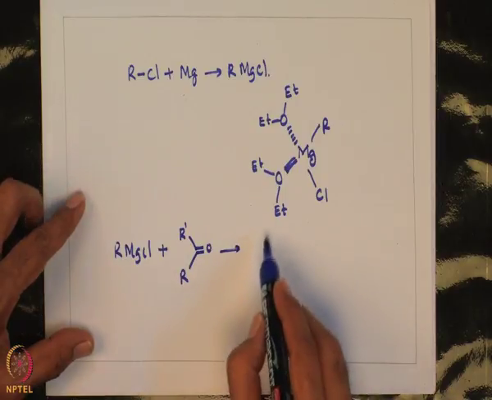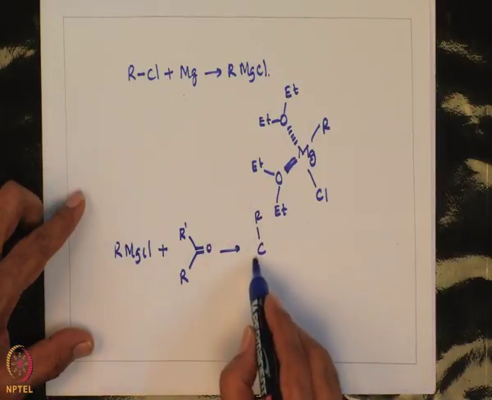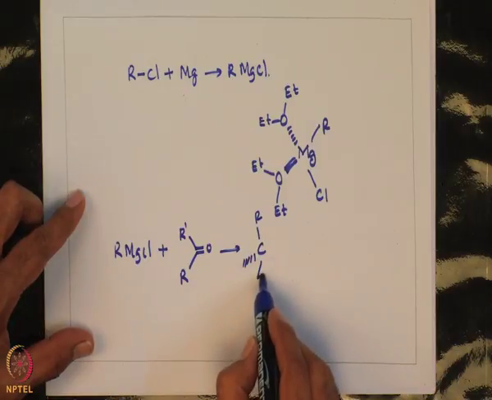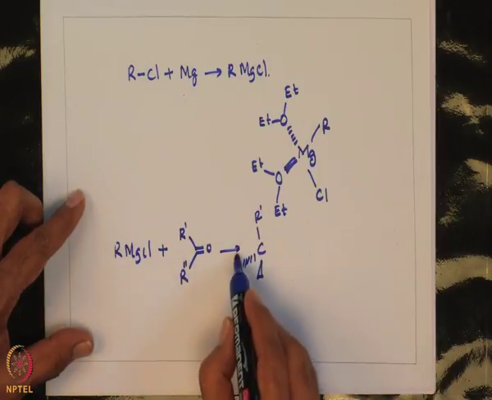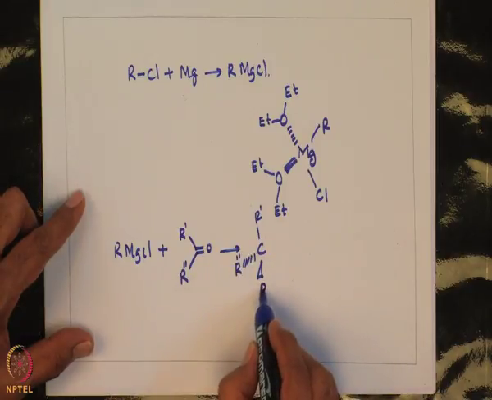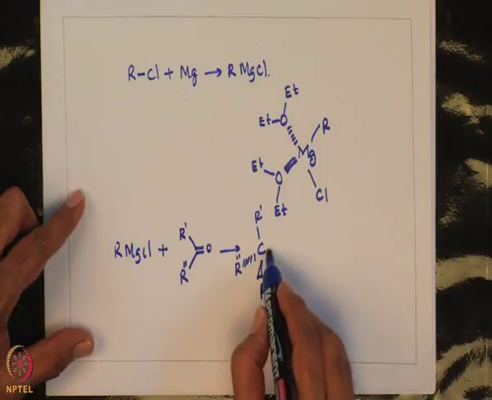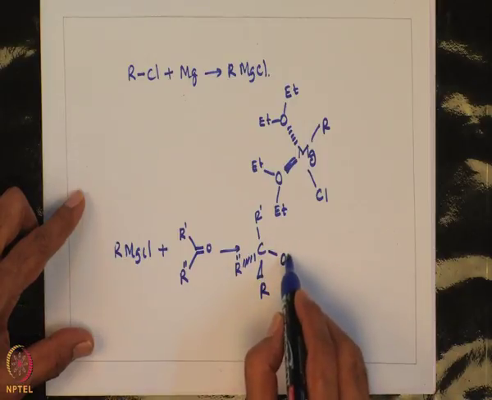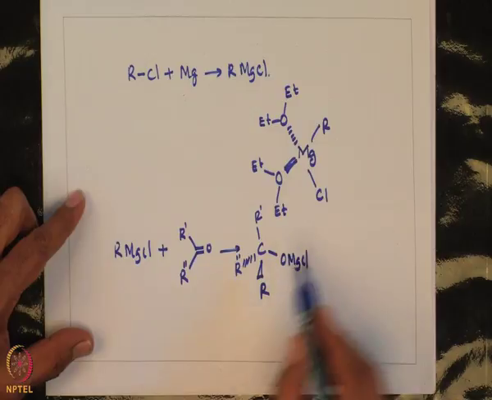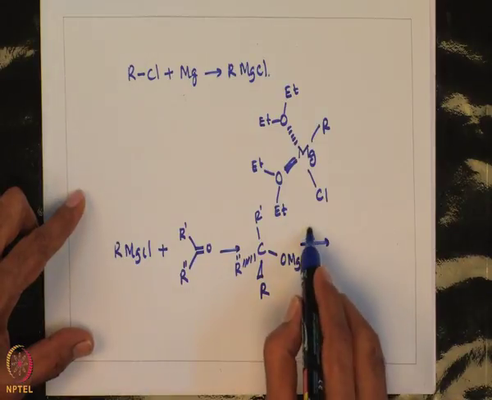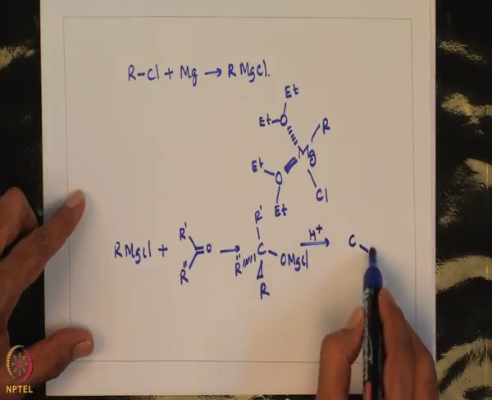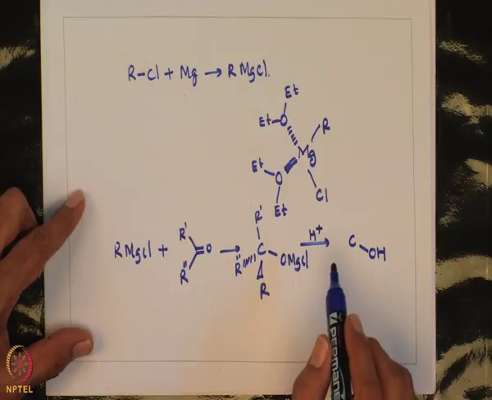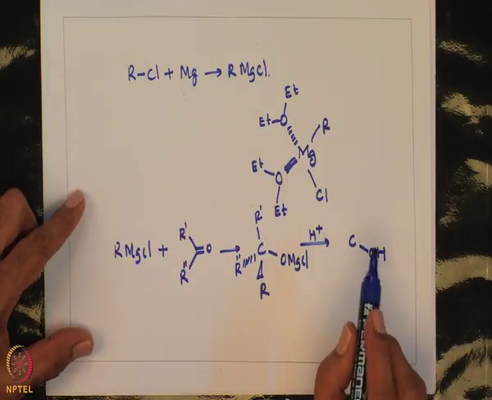Initially, it forms an adduct, and this one under acidic condition forms the corresponding alcohol through the elimination of magnesium chloride.